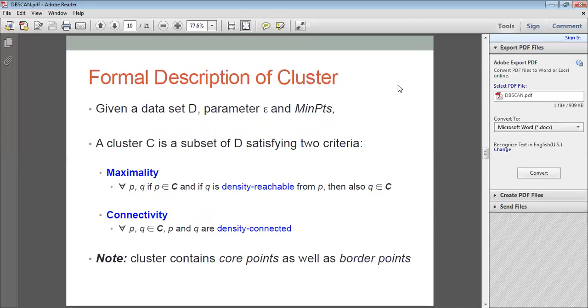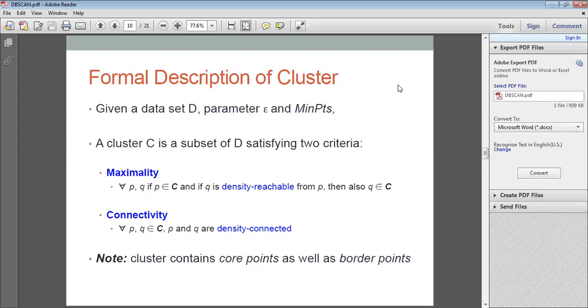So in simple words, we can say that the points that are close to a dense region, either directly or through a chain of density reachable points, create the cluster, or the points which are connected via a core point.